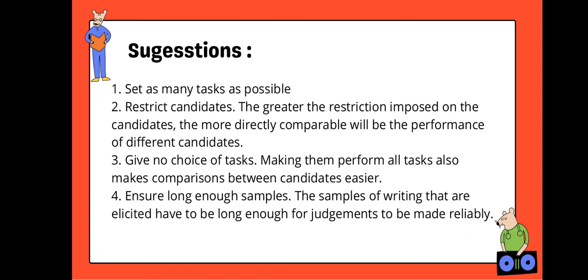Making them perform all tests also makes comparisons between candidates easier. Fourth, ensure long enough samples. The samples of writing that are elicited have to be long enough for judgments to be made reliably.